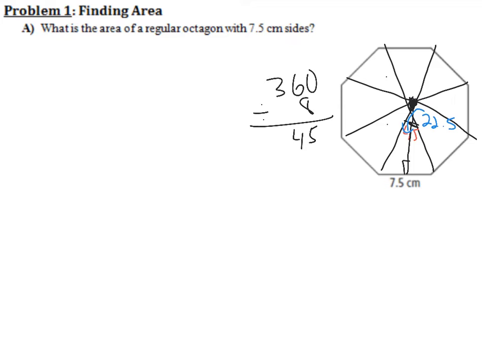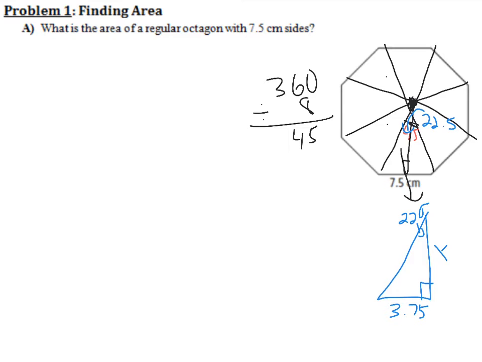So if I pull that triangle on the left out, I've got a 22.5-degree angle up here. I cut the 7.5 in half as well, so it becomes 3.75, and this is a 90-degree angle. What I'm looking for is this value of x.